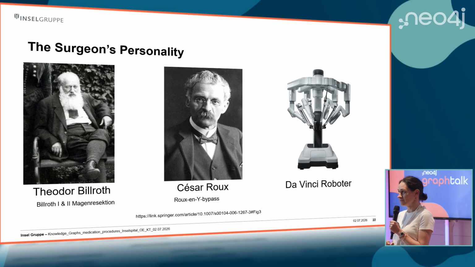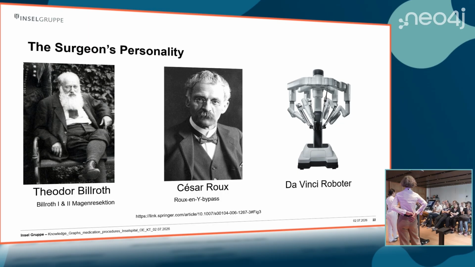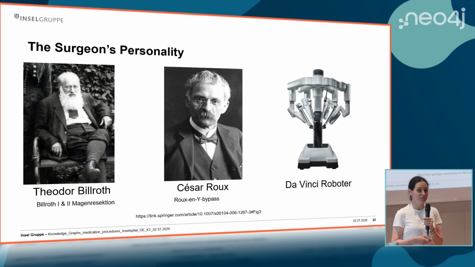And a very important thing, surgeon personality. We also have a difference in personality performing the operation. So even if it's the same standard operation, you might have a difference.